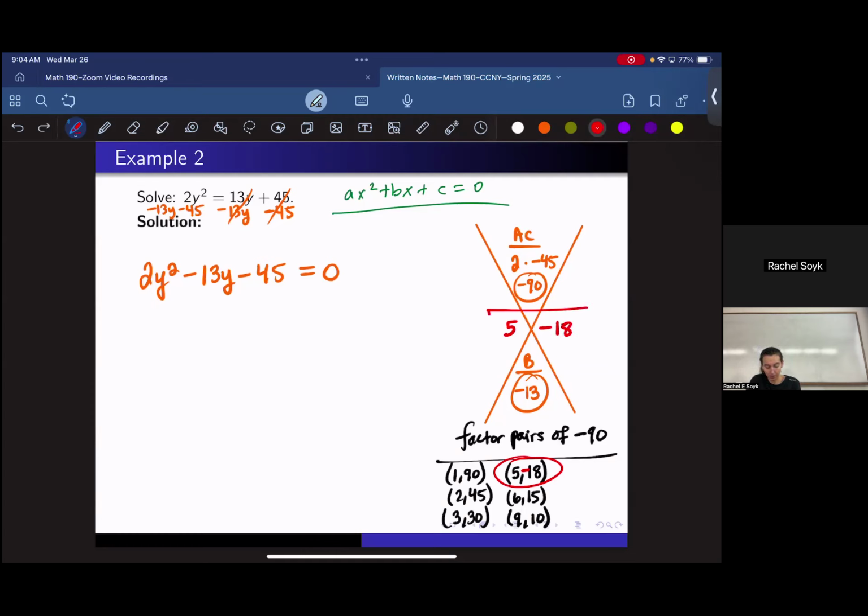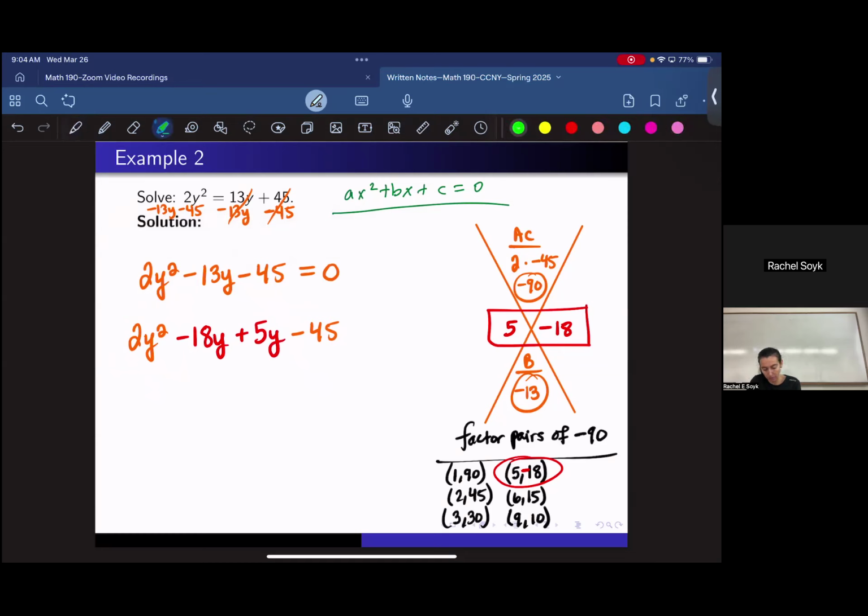That's the hardest part, because once you get here, now we're just utilizing our pulling out greatest common factors and factor by grouping. So we have minus 18y plus 5y.